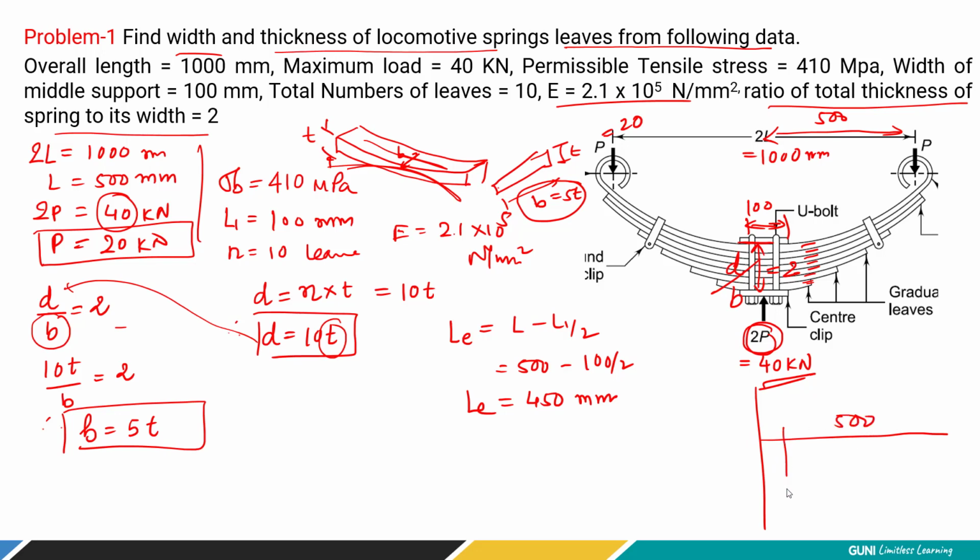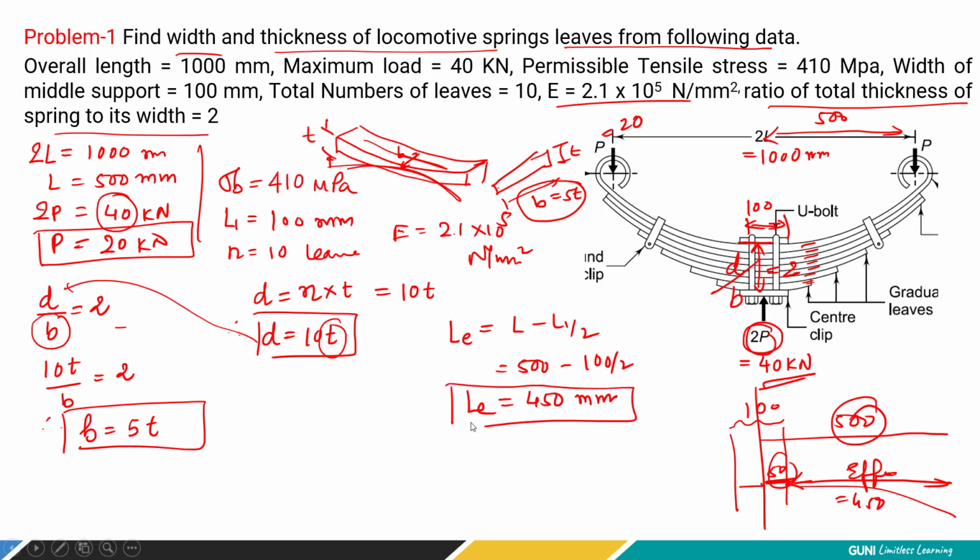We are going to subtract 50. The total is 100, so we are going to take 50 off. So only this much length is effective. This is going to bend. So 500 minus 50 is going to be 450. So this is LE, the effective length.